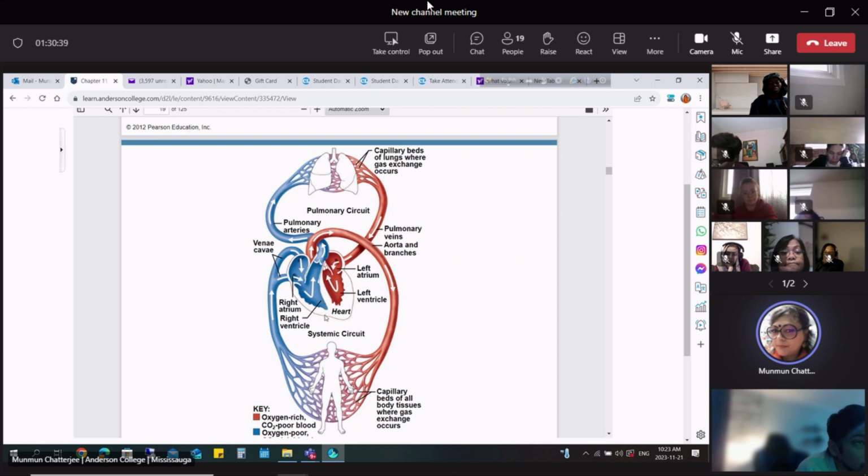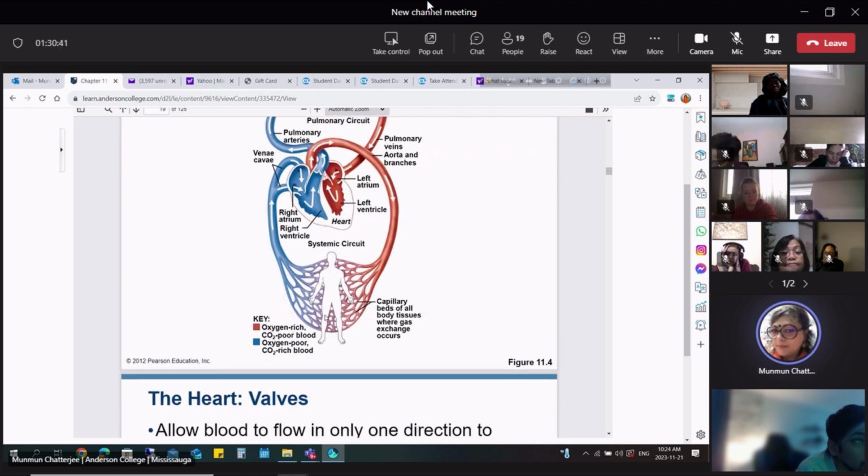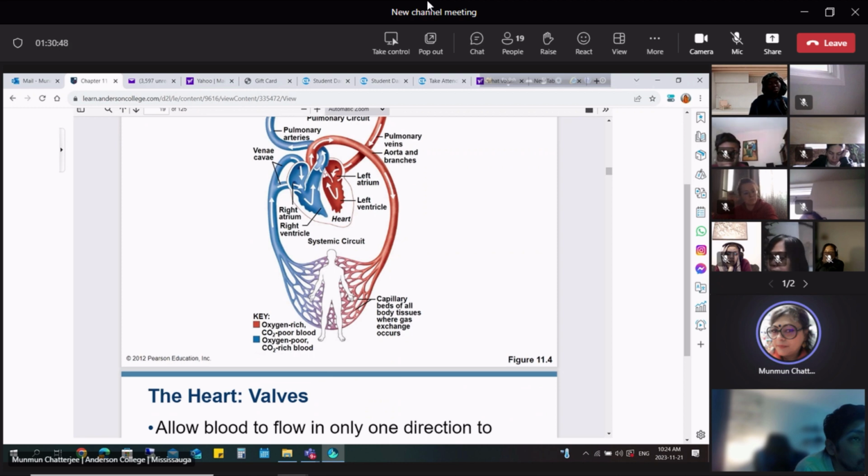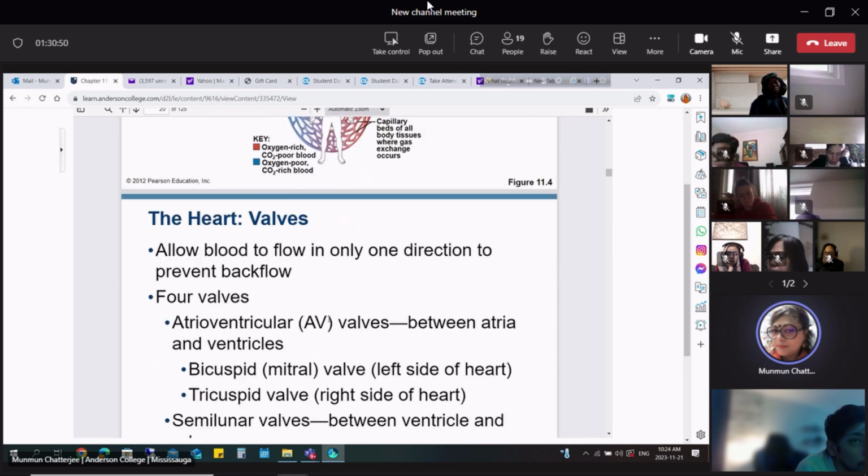So let us see the names of the different types of valves. All valves work in one direction; once the pressure is released, they close. So what is the function of heart valves? They allow blood to flow in only one direction, to prevent backflow.